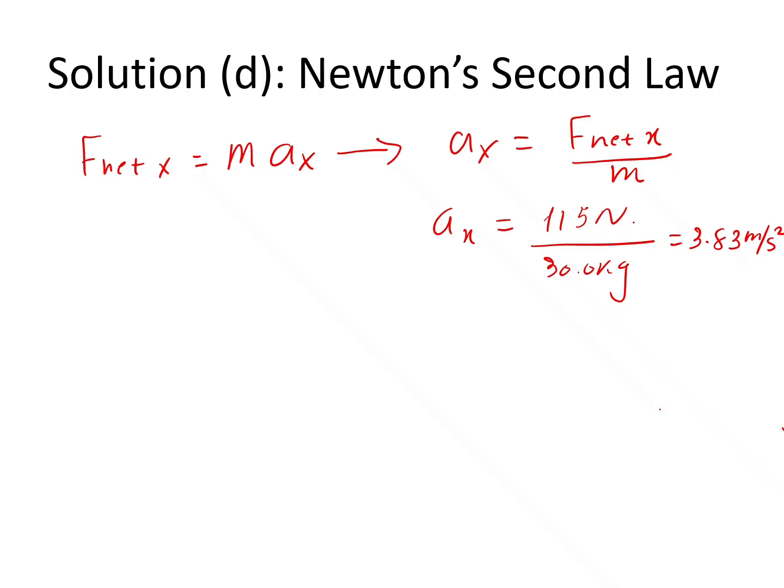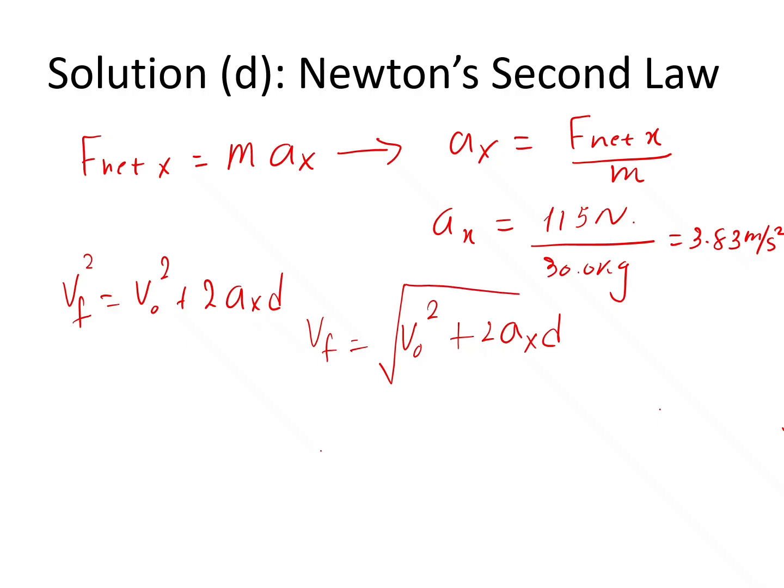And then we can use the kinematic equation. V final squared equals v initial squared plus 2 times acceleration times the displacement. We can rearrange this equation to find v final. So v final equals the square root of initial velocity squared plus 2 times acceleration times the displacement.